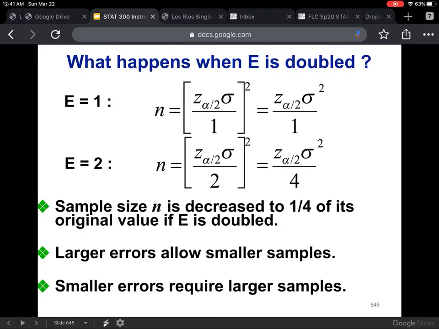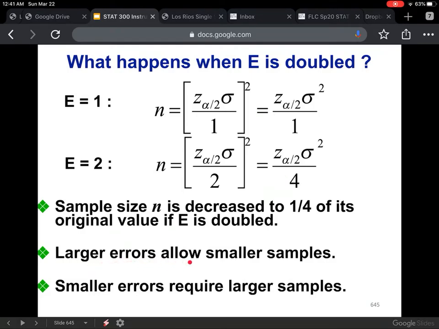To answer those questions, it's 1/4 of its original value when the margin of error is doubled. Keep that in mind because you're squaring. If you double 1, you're actually squaring the 2, and you've decreased the sample size necessary to achieve that accuracy by 1/4.